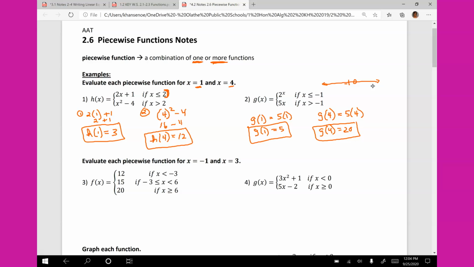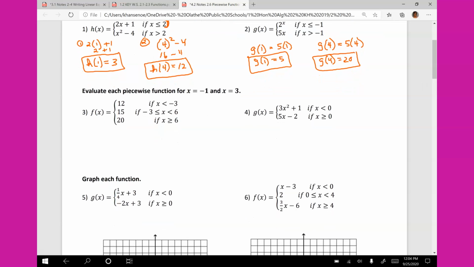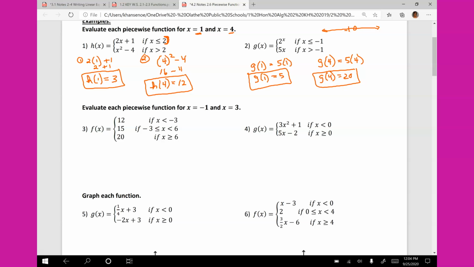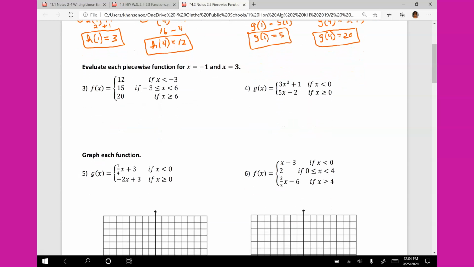Okay, so the next part is this exact same thing, I just made it look bigger. It says evaluate each piecewise function for x equal to -1.